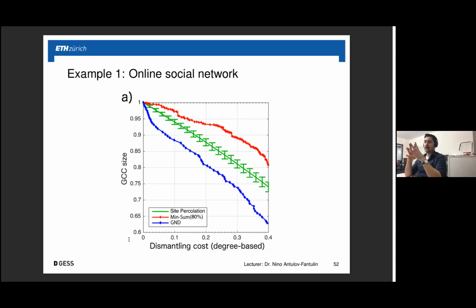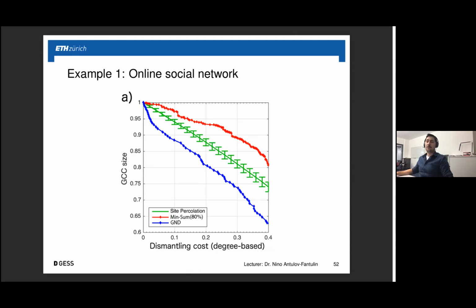One of the prototypical examples there was, for example, to take an online social network. Then you run the algorithm called min-sum, which was a state-of-the-art method, and you do the dismantling up to a certain size. The size here was 0.8 of the largest connected component. And then we would calculate what was the cost of doing this.